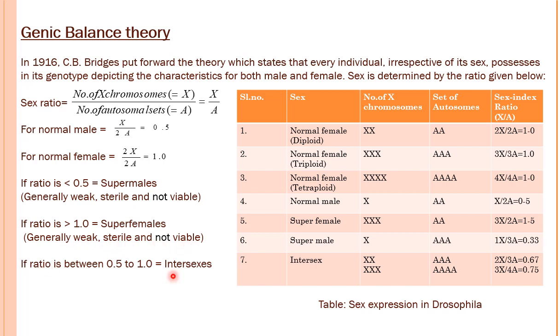And if the ratio is between 0.5 to 1, these individuals develop as intersexes, which are intermediate between male and female with sex expression of both primary and secondary characteristics. Here I have given the table for your ready reference where you can find the sex index ratio for normal female, then normal male, super female, super male, and intersexes.